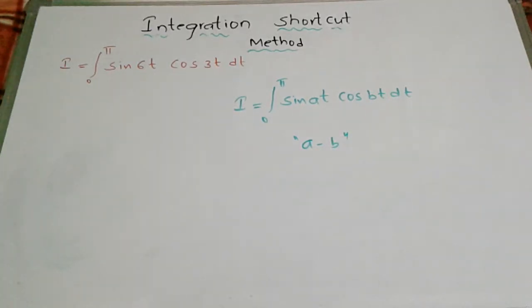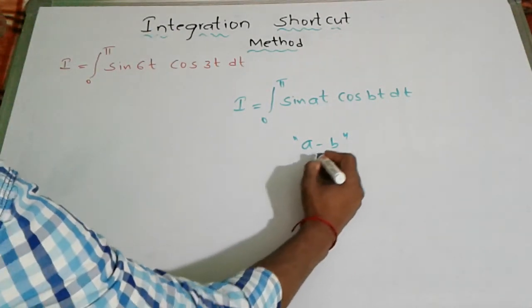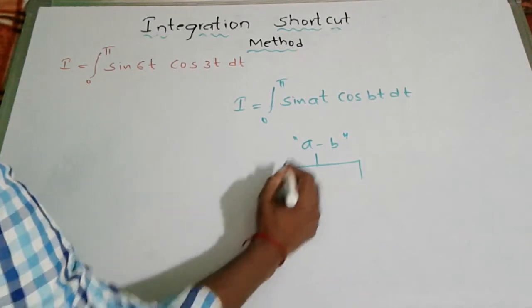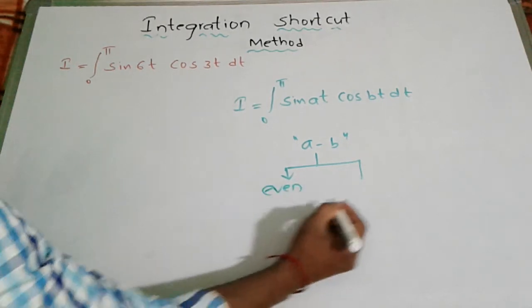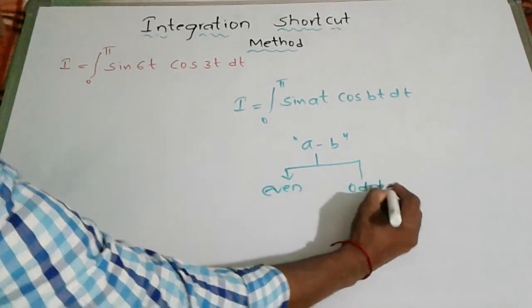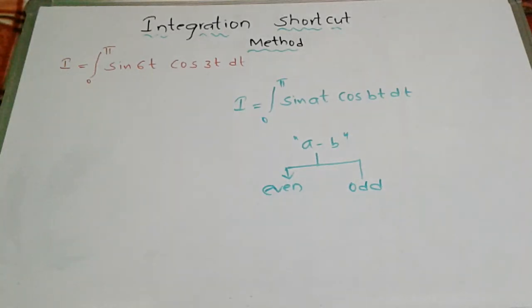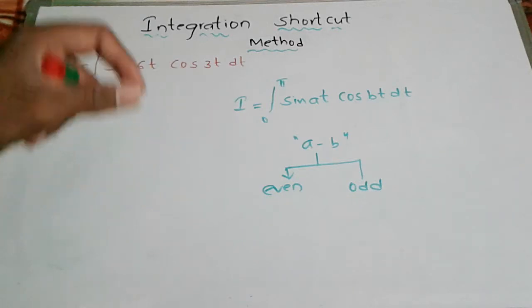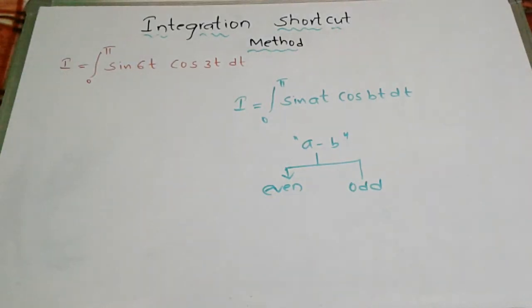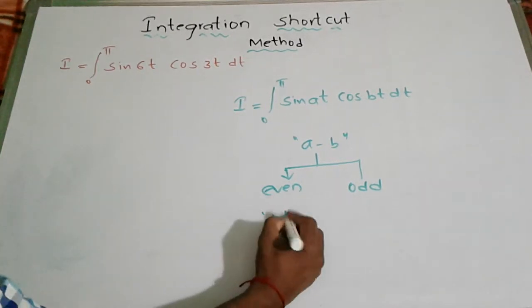This is a condition which you have to check. And next we have two possibilities here, right? The value of a minus b may be even or odd. If the value of a minus b is even, then the total value of this integral becomes simply 0, right?